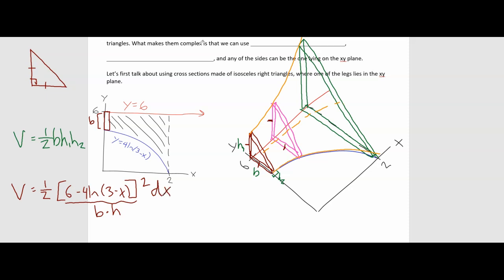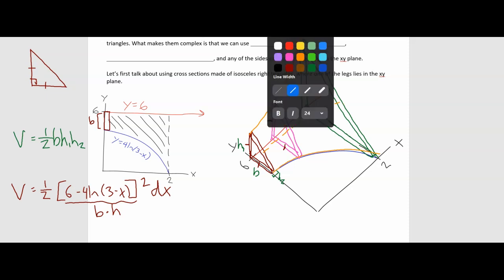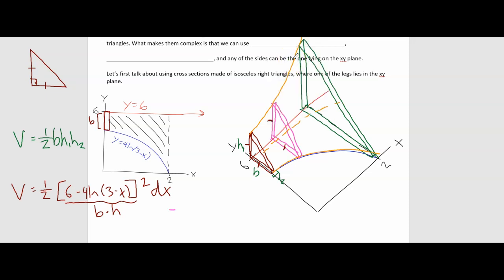That is the distance between the bases. We want that as small as possible because we want to fit as many of these cross-sections into our solid as possible. I have my formula, and I am ready to set up my integral. This was just the volume of one cross-section.